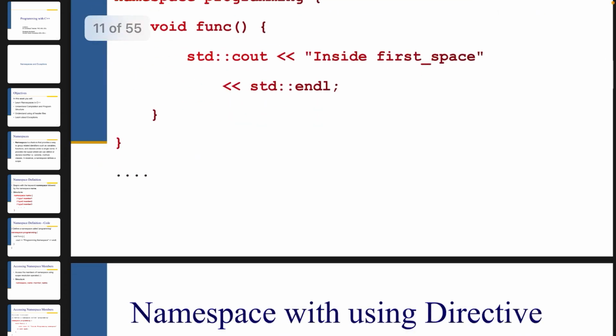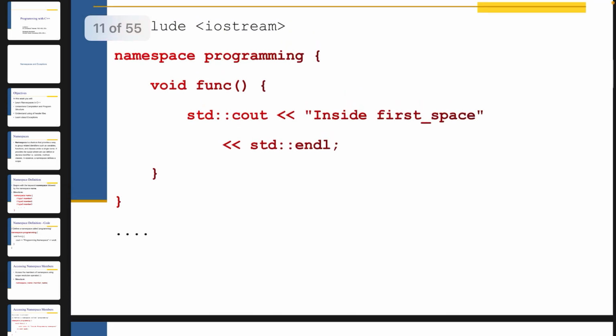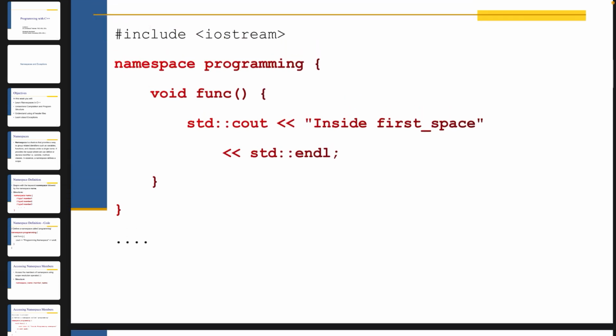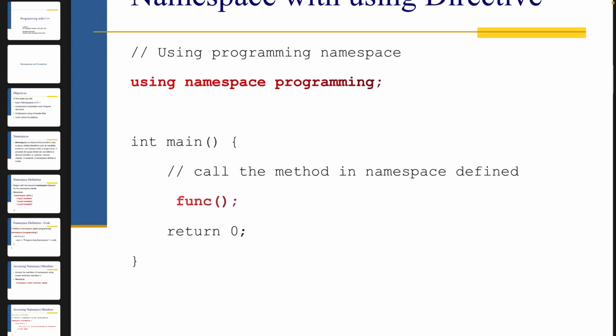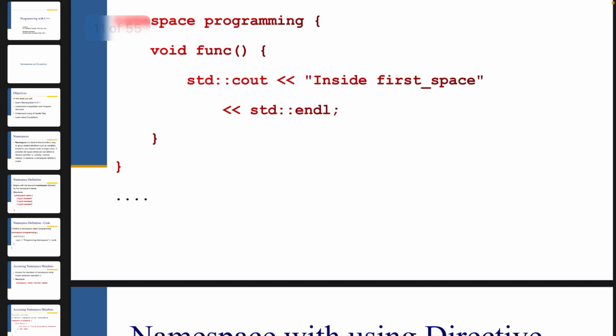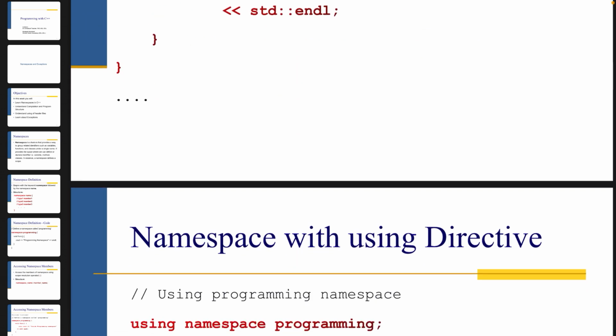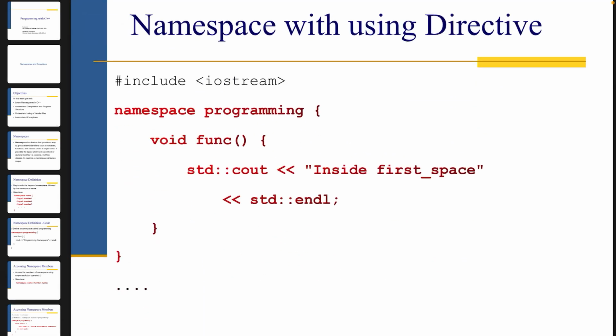You bring the using namespace programming after closing the curly brace of the namespace. Then you call the function inside the int main for it to cout inside first space. After the slides, I'll do a practical example for you to see. So namespacing with directives, this is how it is.